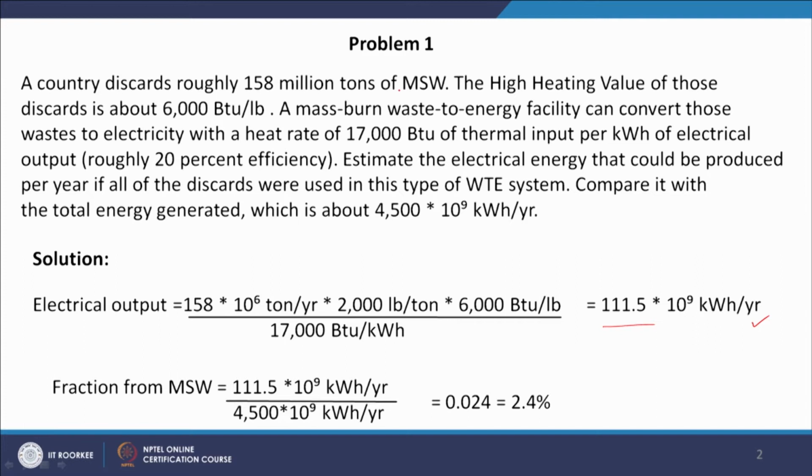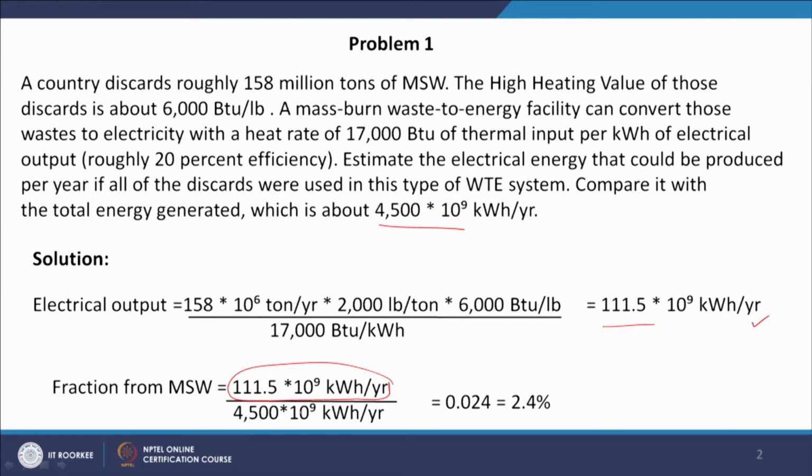So, the first part we have got the answer, then for the second part we have to compare it with the total energy generated, that is 4500 into 10 to the power 9 kilowatt hour per year. So, this is the production. So, 115.5 into 10 to the power 9 kilowatt hour per year is the energy from waste to energy conversion and this is the total energy production in the country.